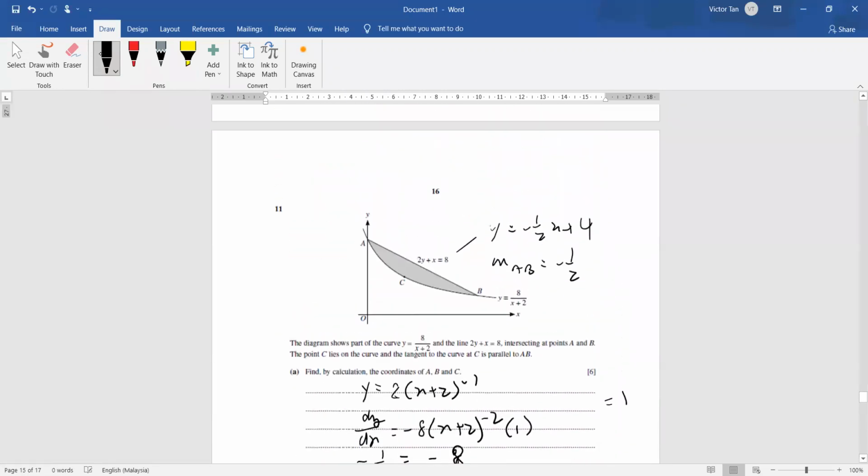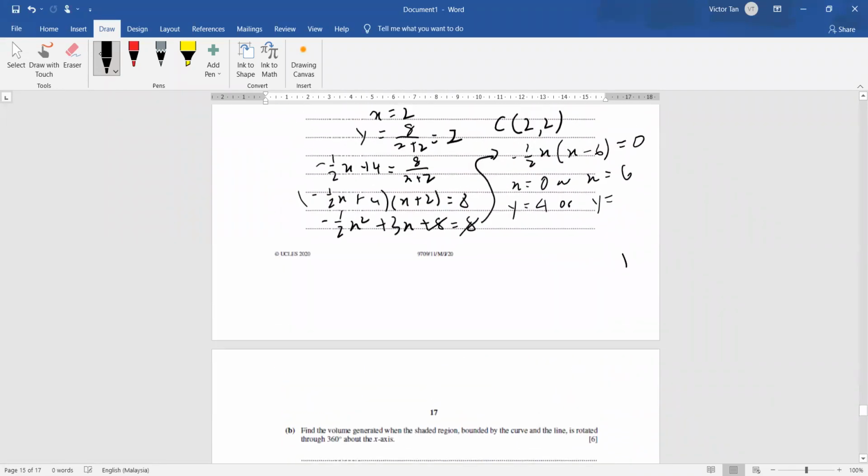So let's look at it: A is (0, 4) and B is (6, 1). Okay, you have the answer.